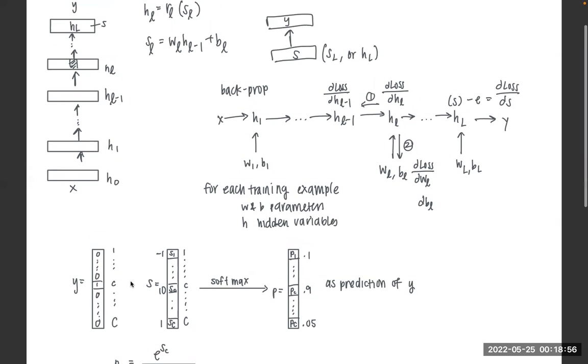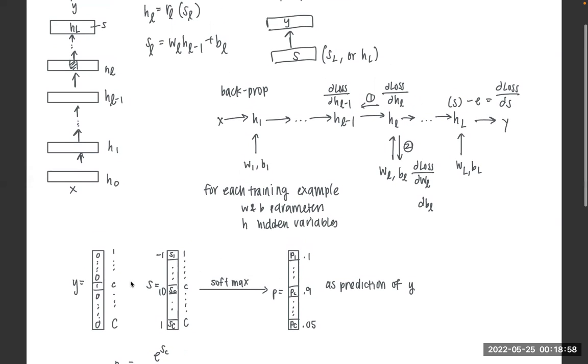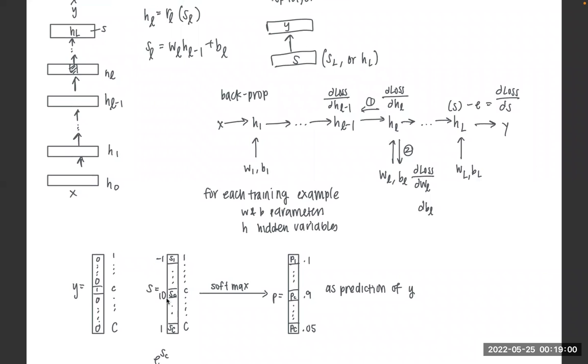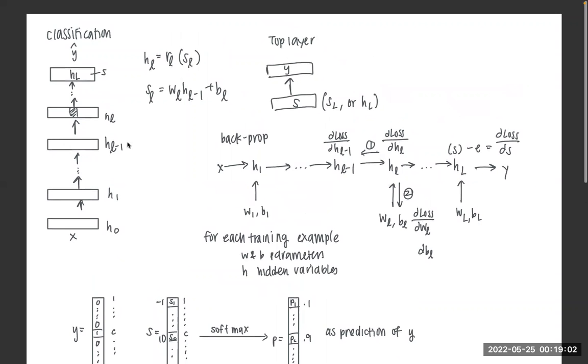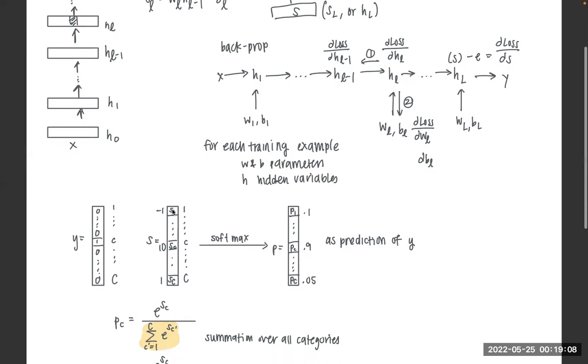And the way we predict the class label is based on the so-called logit scores, which is our top layer vector in this multi-layer perceptron. The logit scores form a C-dimensional vector of continuous scores. They're unbounded, they're continuous.